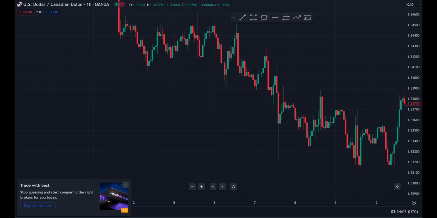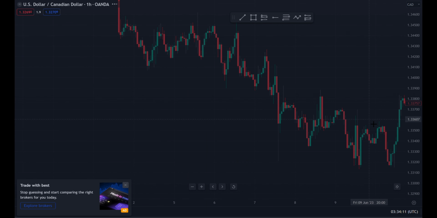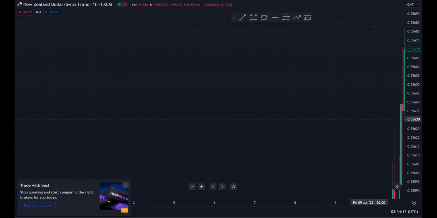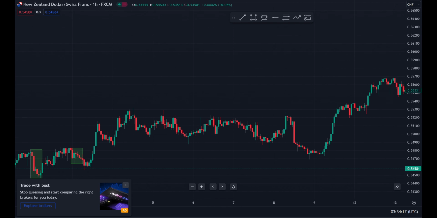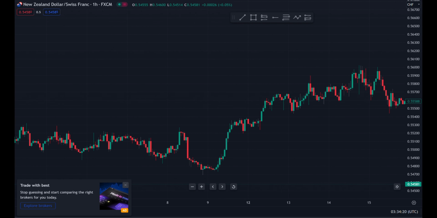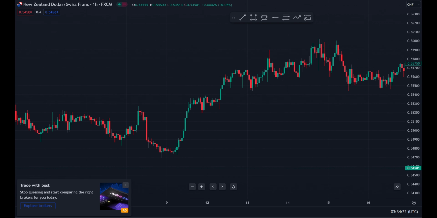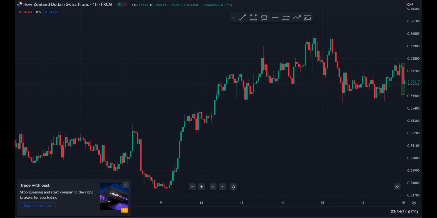This currency is showing me drop based drop setups. This is USD CAD. I'll come back for that just to explain the drop based drop setups. Actually, I'm looking for the base rally. They are right here, I think.